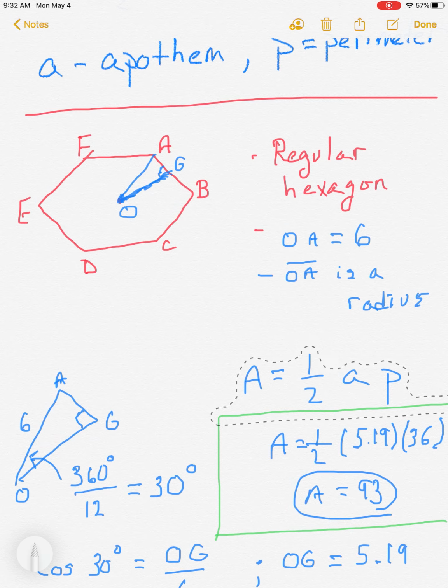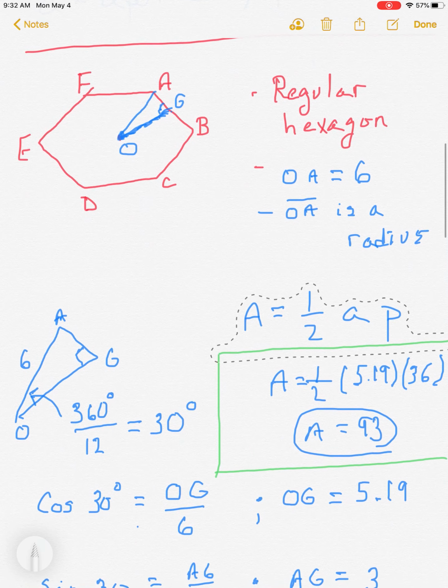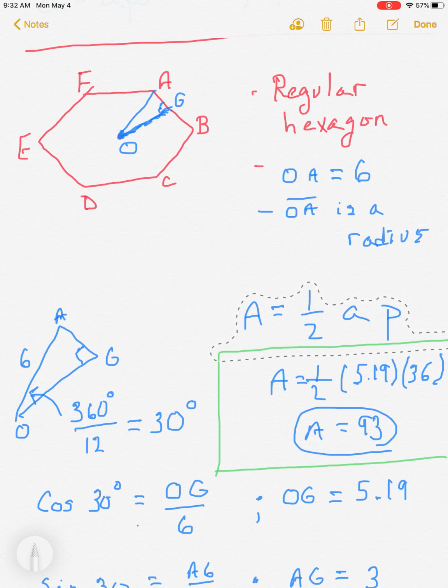All right, and I'm only given OA. So what I've done here is something that you might find useful for each of the problems you do today. Just try to split the figures into a particular triangle. Try to split the figures such that you're looking at just part of the figure. So I'm going to focus on just the part OGA.